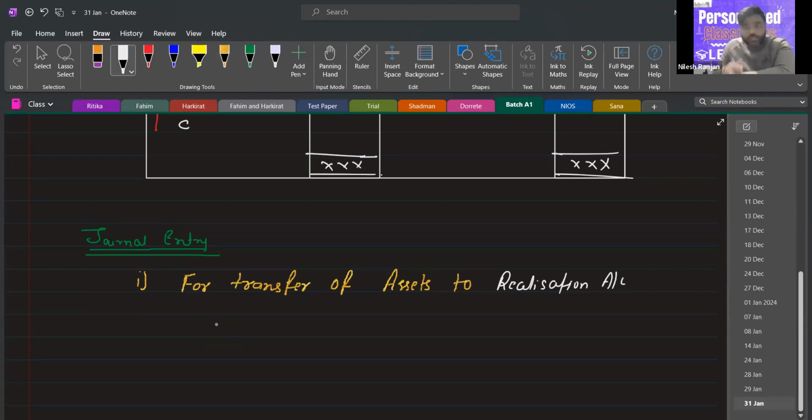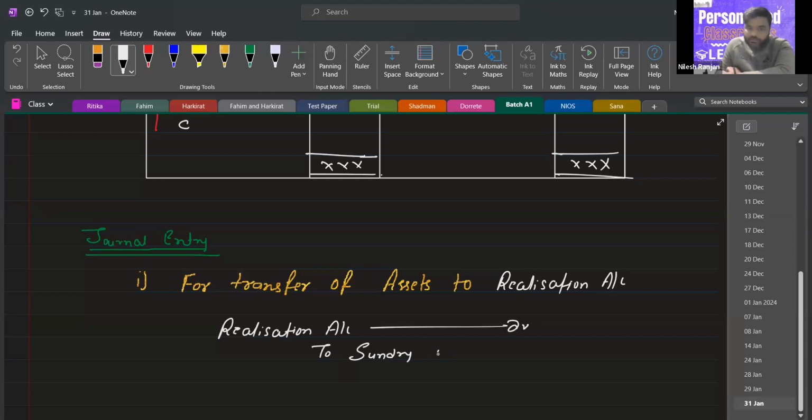Generally, asset has debit balance, but we are transferring to realization account, so it will be credited here. So realization account debit to sundry assets.